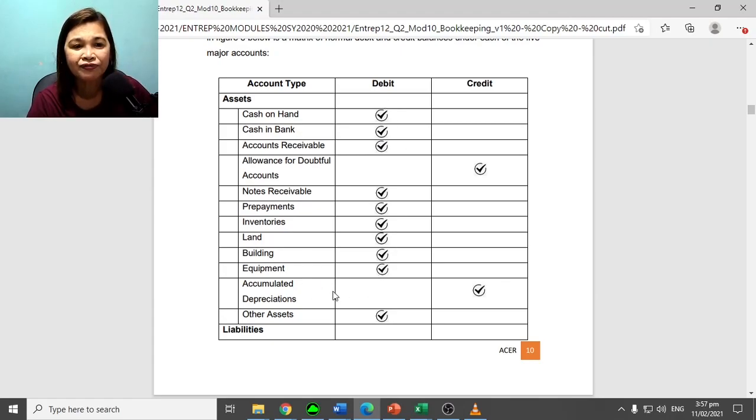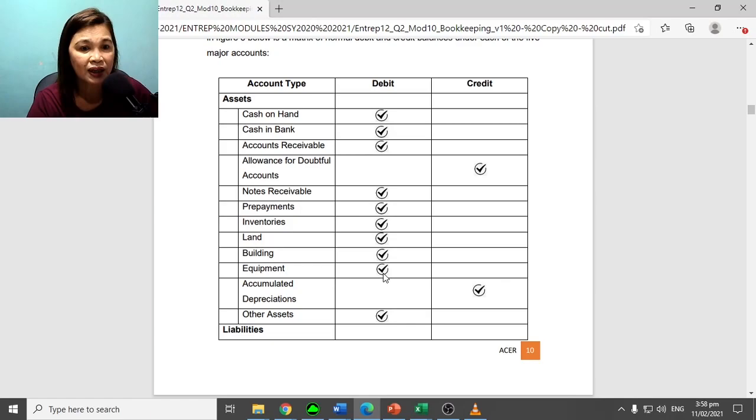We also have another contra account, which is accumulated depreciation. For accumulated depreciation, this is the contra account of equipment, because equipment will always depreciate. So you have here an account title which is accumulated depreciation, the contra account of equipment.